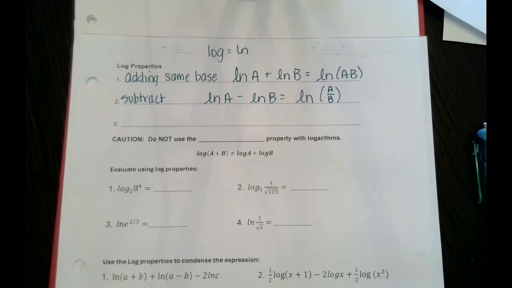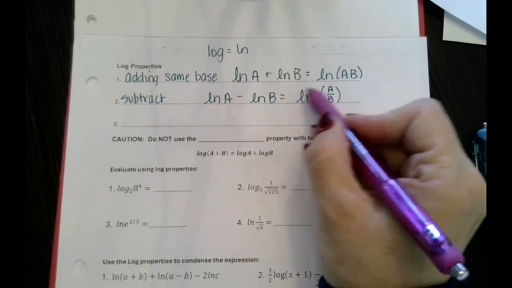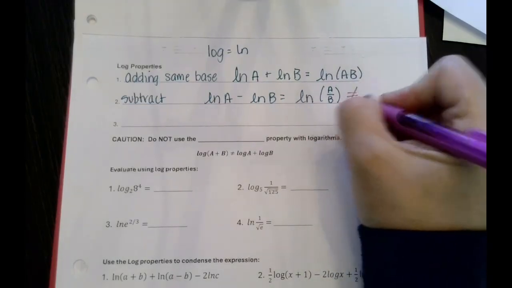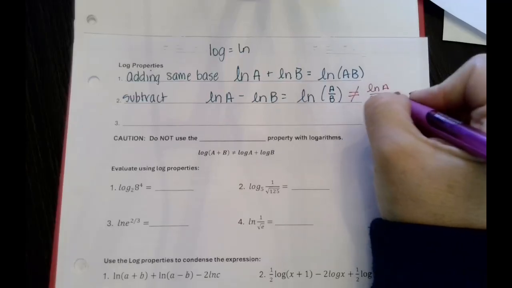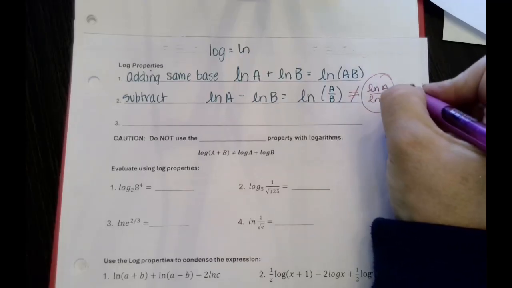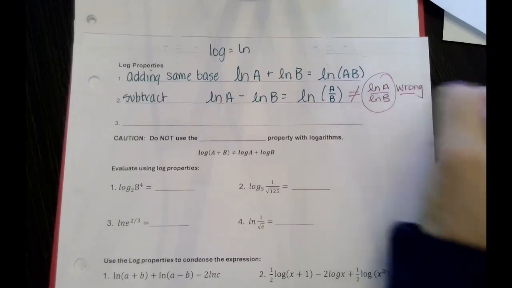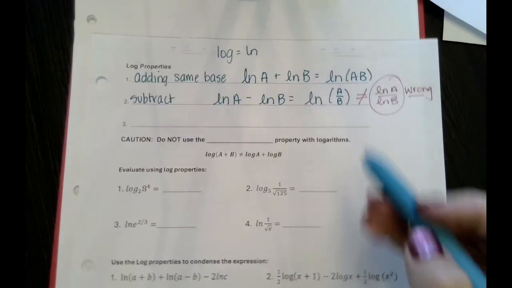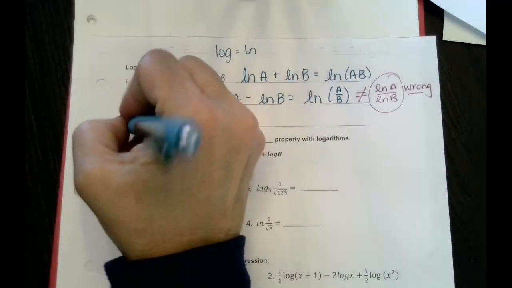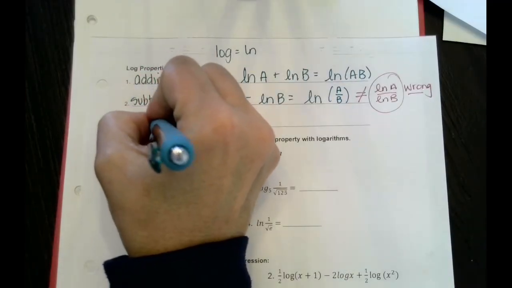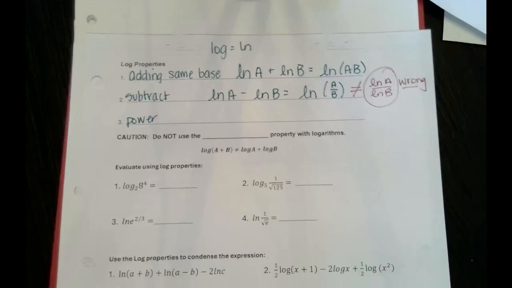Now, this is super important that you see that I only have one ln. This is not the same as ln of a over ln of b. This is going to give you the wrong answer. All right, so make sure you see that we're going to do the operation that's inside here first. And then the next thing that we're going to have is what happens when we have a power. And this one is a little odd.